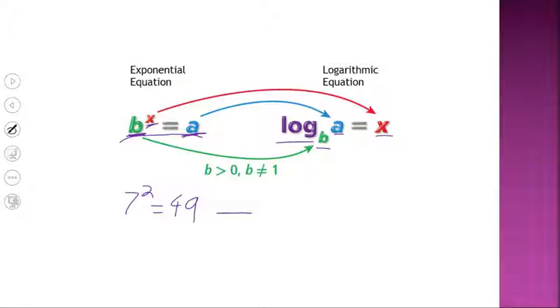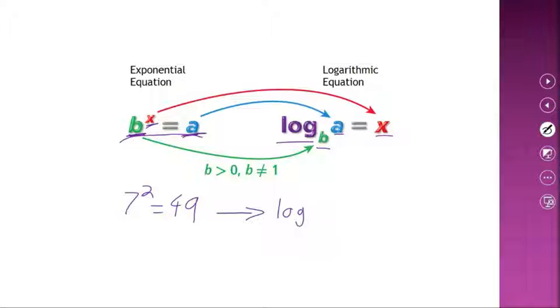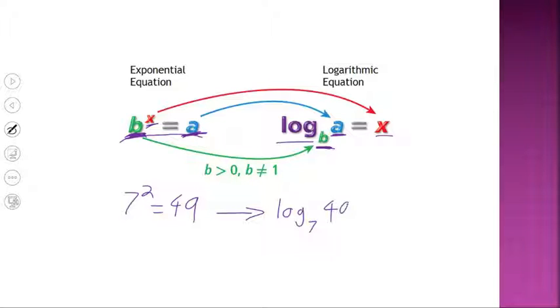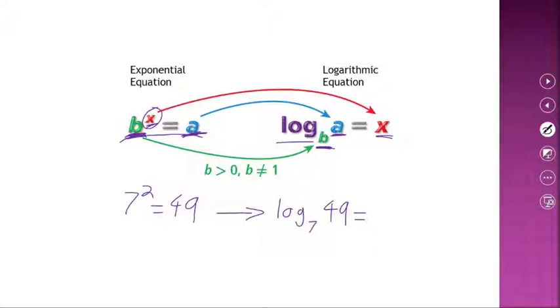So if I wanted to convert this into a logarithm, this would be log, with the base value, the same as this b value, which in this case is 7, then my a value, which is 49 in this example, equal to x, which comes from the exponent, 2 in that last example. So this is how you'd write 7 squared equals 49 as a logarithm.